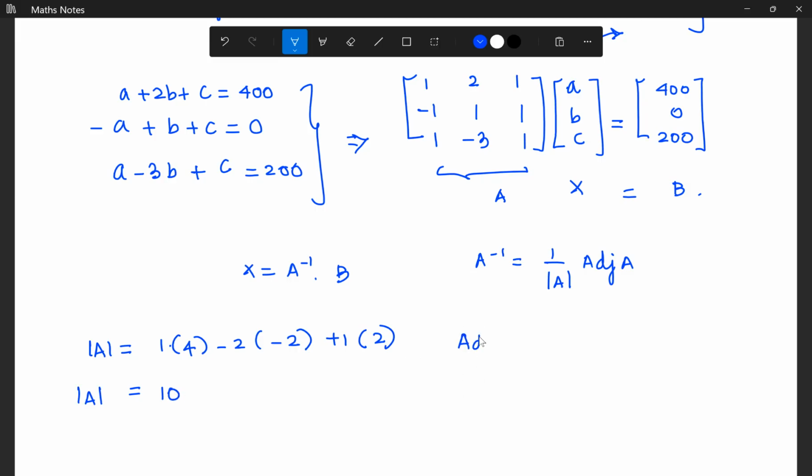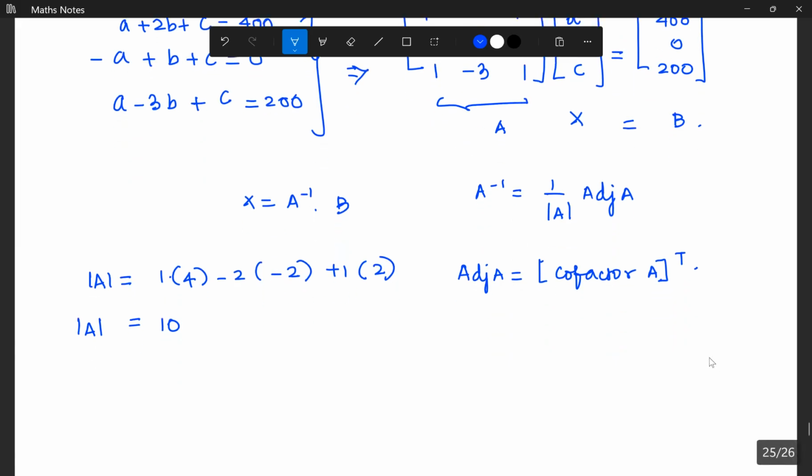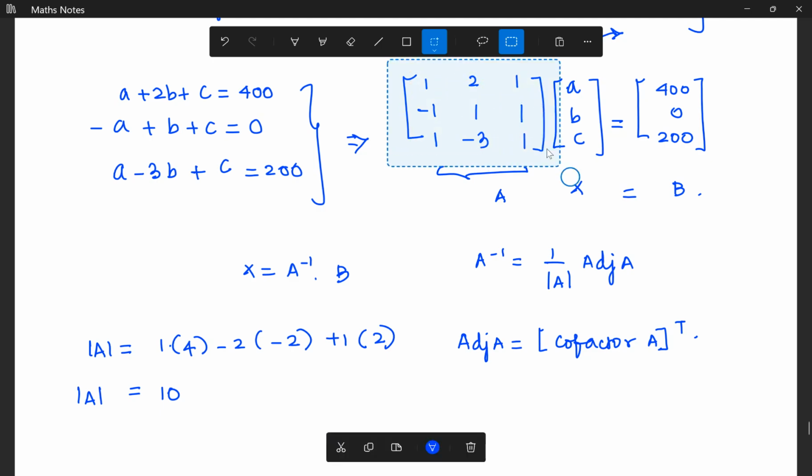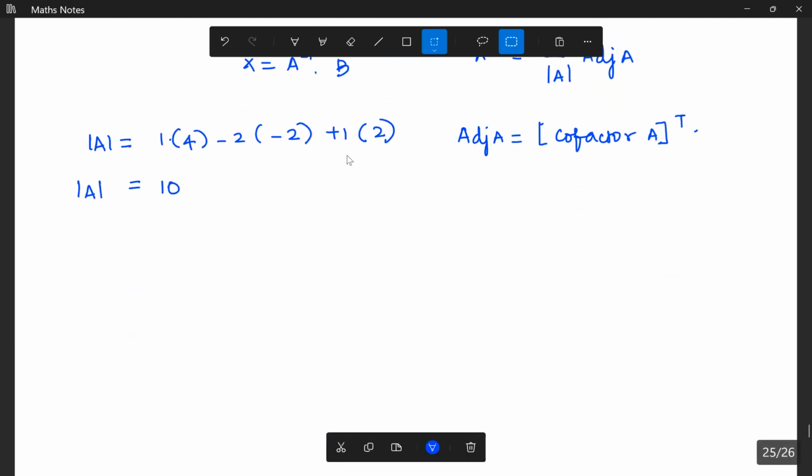The adjoint is nothing but the transpose of the cofactor. To find the adjoint, we need to find the cofactor matrix.